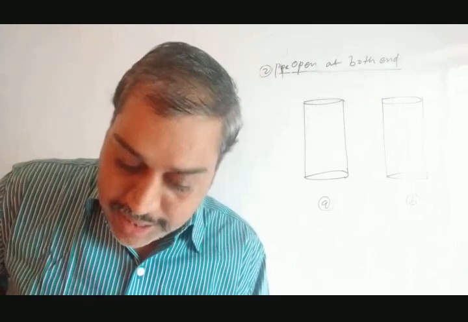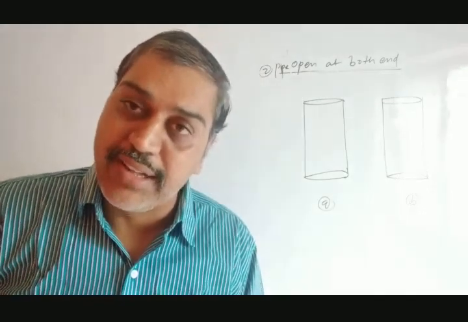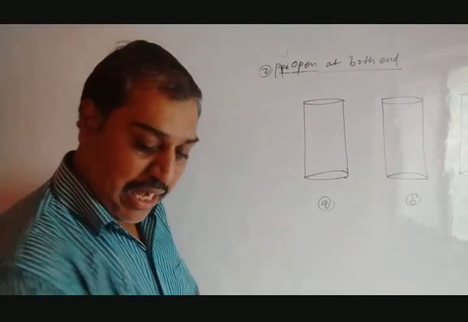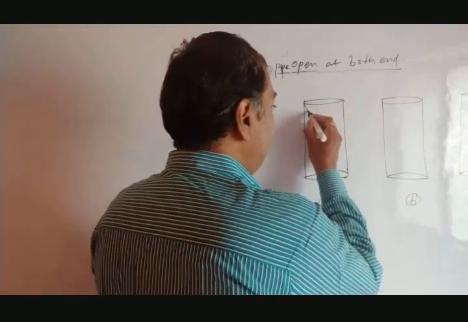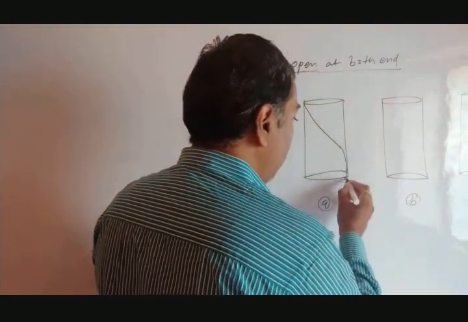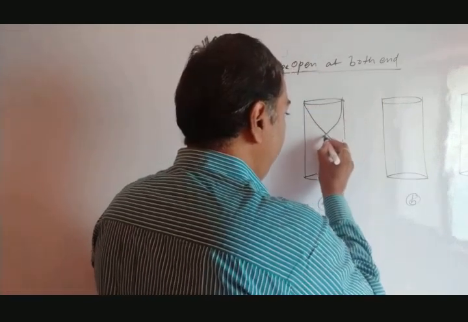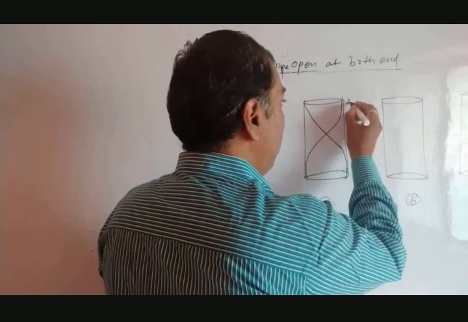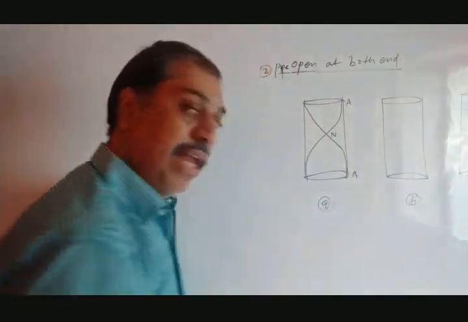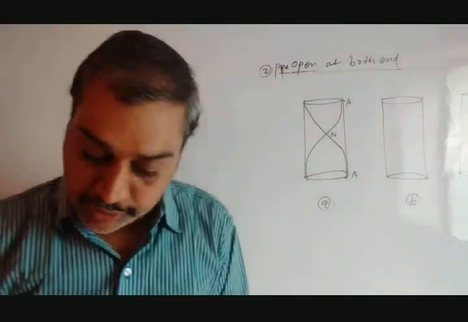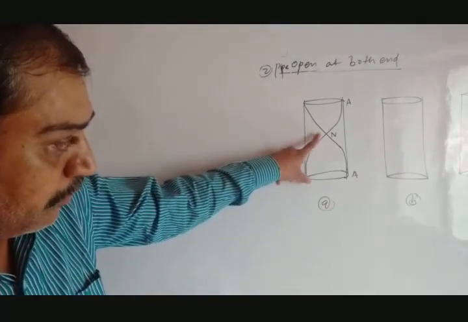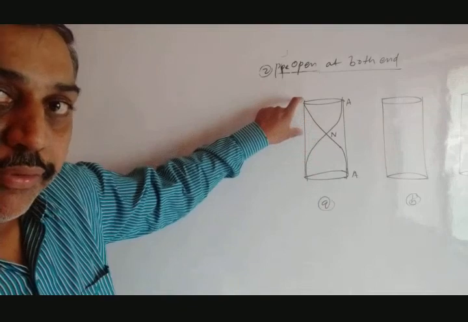Now according to the boundary condition, an antinode is always formed at the open end. As the pipe is open at both ends, the antinode gets formed at this end and this end. So it becomes like this: this is an antinode, this is an antinode, and this is a node. That is the first condition, figure A. Here this is lambda by 4, and this again is lambda by 4.